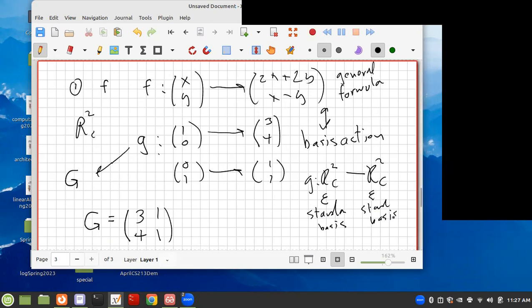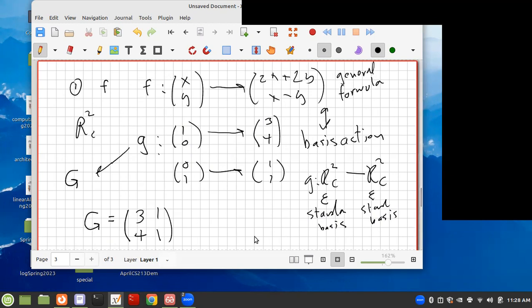So if we wanted to find a matrix in different bases, we're going to have to do something a little more complicated. But this is the basic idea. We find the image of the basis vectors. So if I have different basis vectors here, I still just find the images of these different basis vectors.